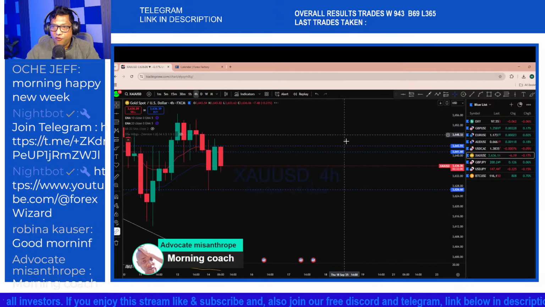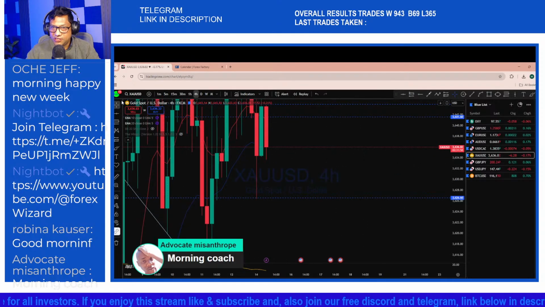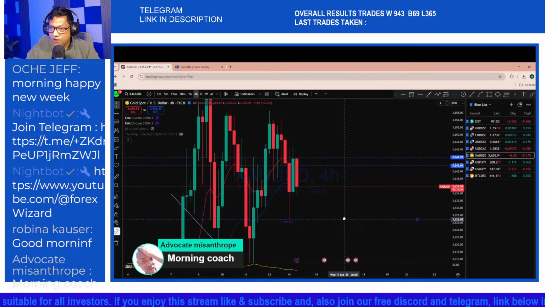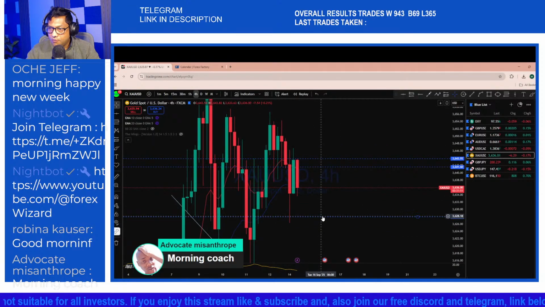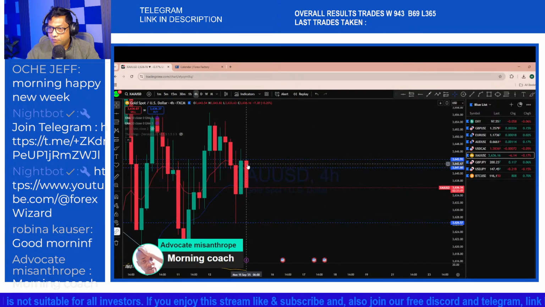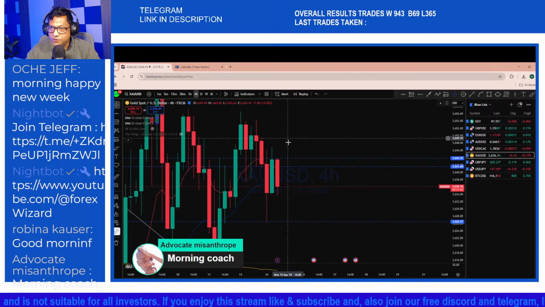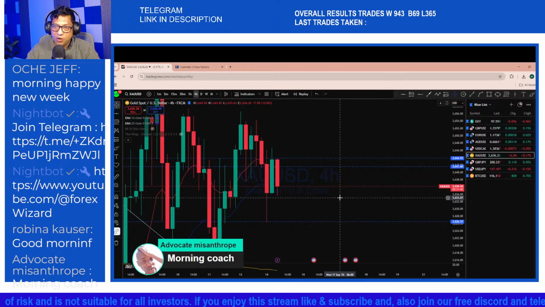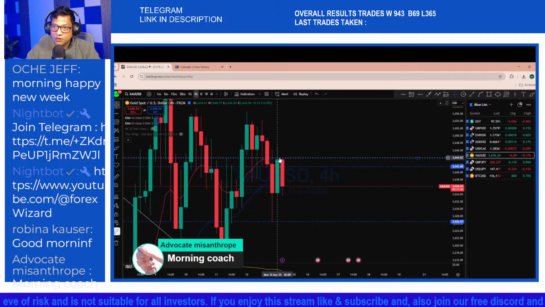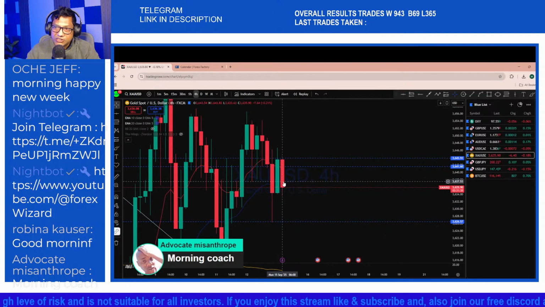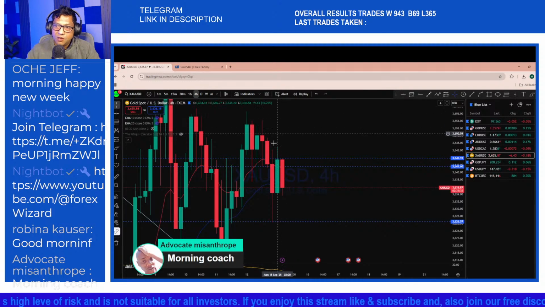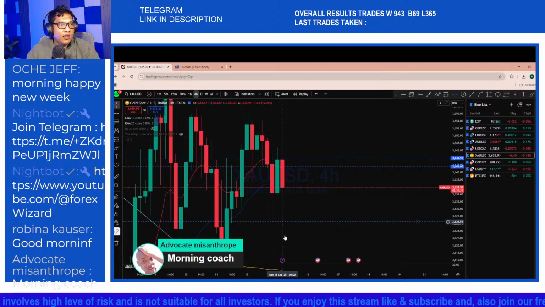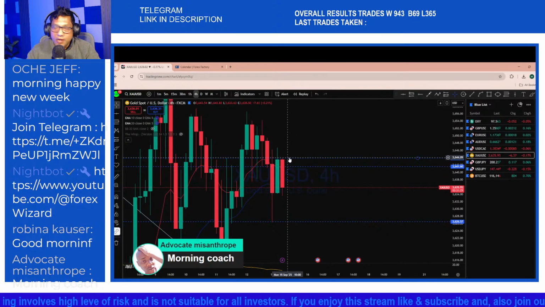So if you look at the 4 hour, now we are looking at the intraday perspective here, right? From this 4 hour perspective, we can see so far a rejection back below. After the previous session's bullish move, this green candle is a liquidity trigger.